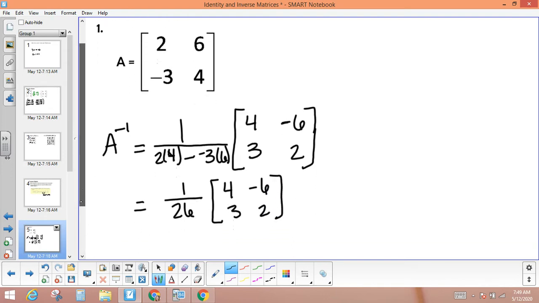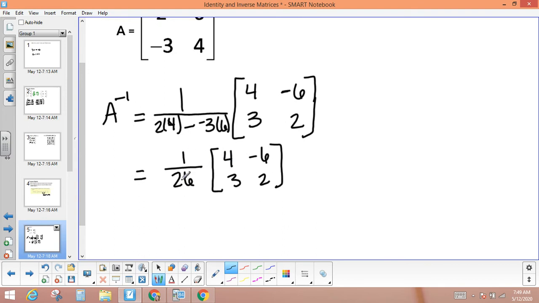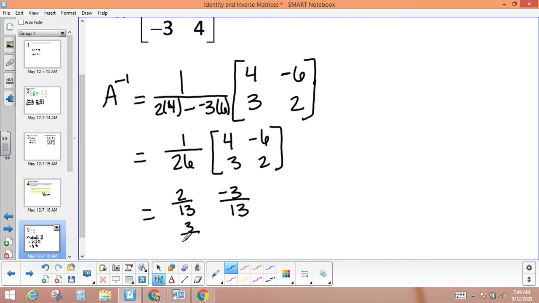And then it's like distributing: this multiplies by everybody in here. So 4 over 26 would become 2/13. Negative 6 over 26 would become negative 3/13. 3 over 26 doesn't reduce, so just 3 over 26. And 2 over 26 becomes 1/13.